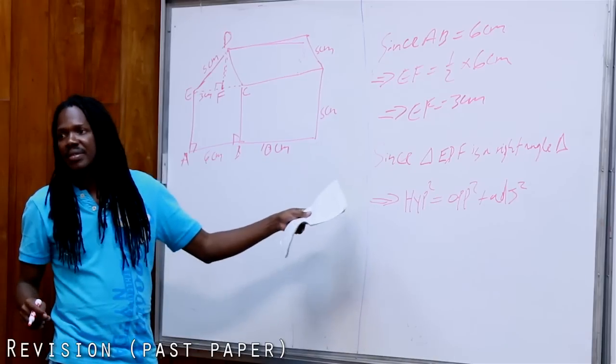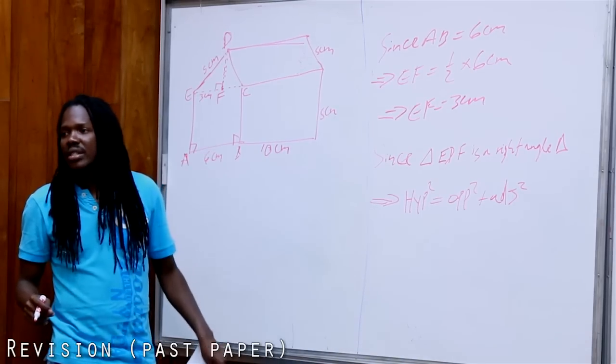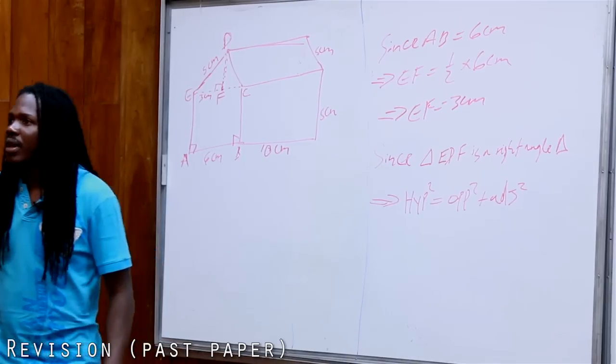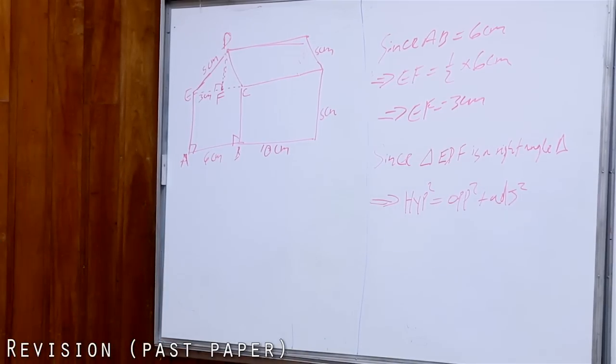Everybody see that? Want to know that? Hypotenuse squared equal to opposite squared plus adjacent squared, otherwise called Pythagoras theorem.